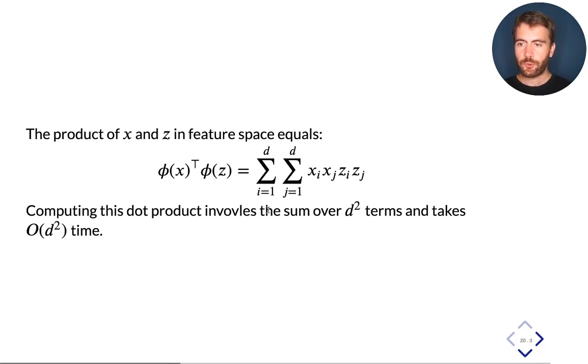If we wanted to compute the dot product between these two sets of features at two data points x and z, then this is the definition of the dot product. Here I have all the dimensions of this vector, which is simply xi, xj, with all the possible xi and xj.